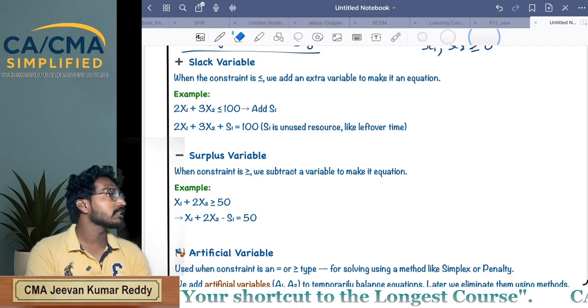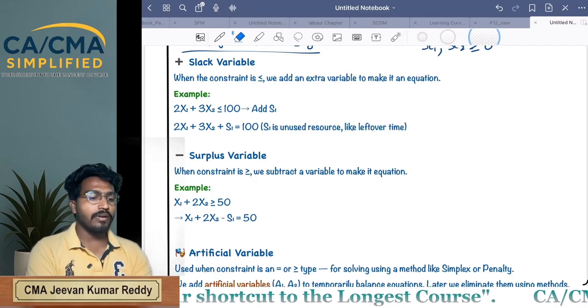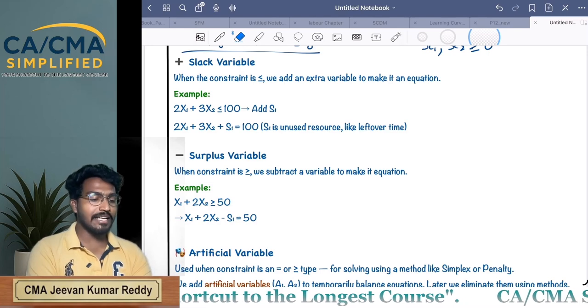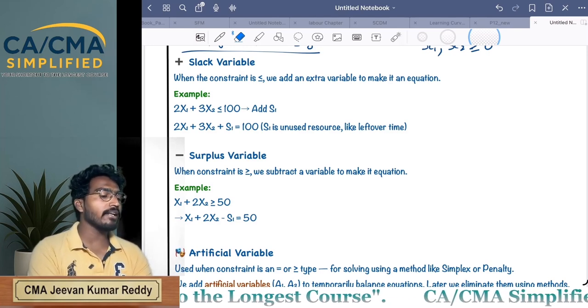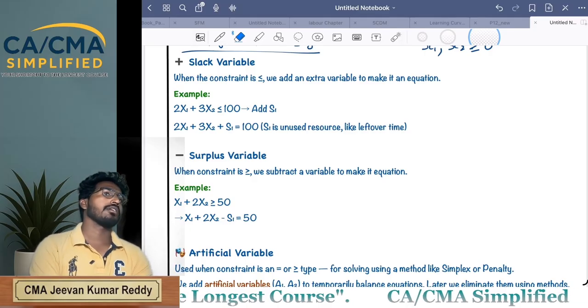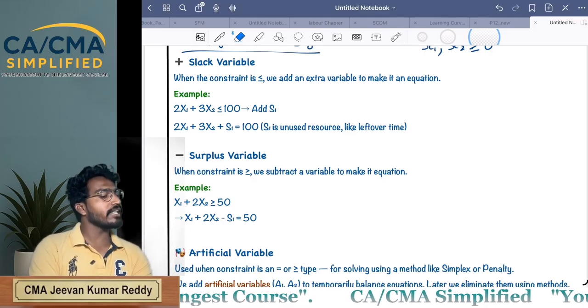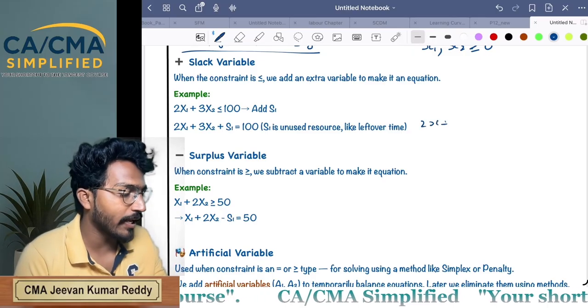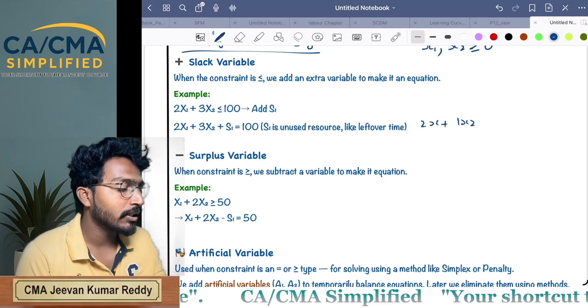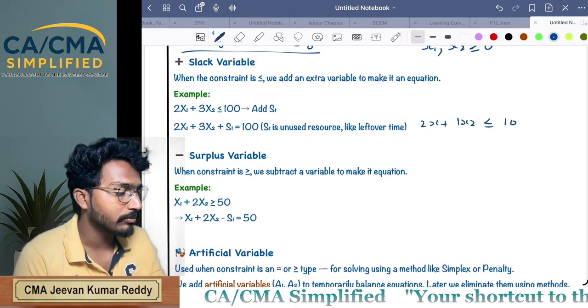Slack variables. When the constraint is less than or equal to, we add an extra variable to make it an equation. Will you solve any equation like this: 2x1 plus 1x2 less than or equal to 10?